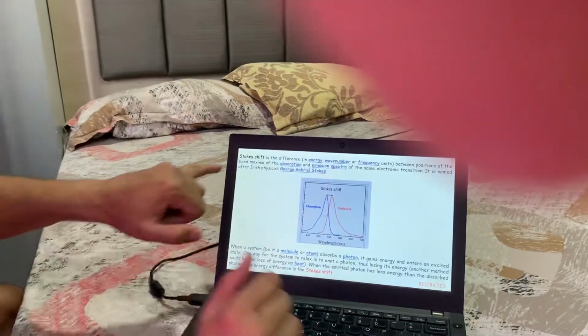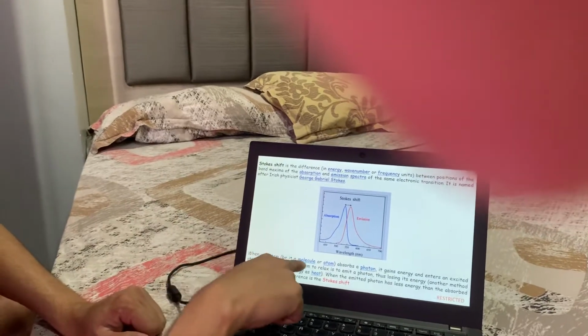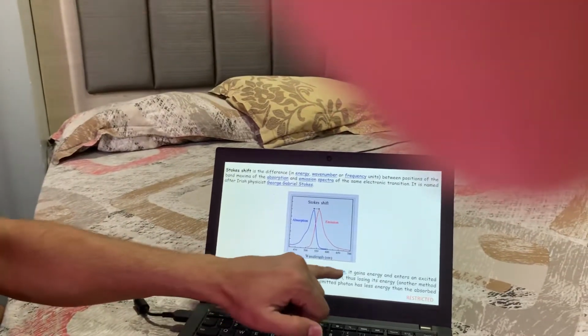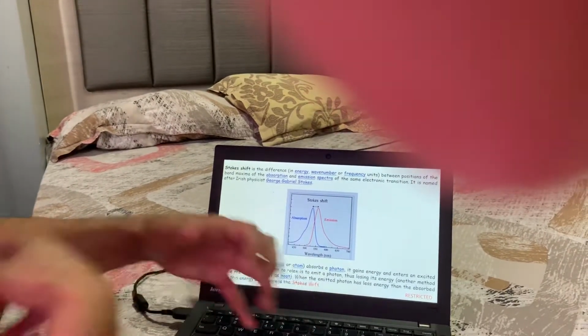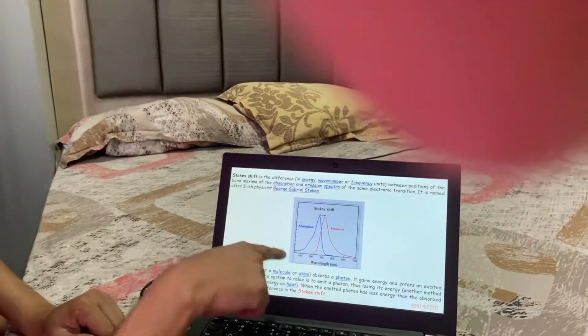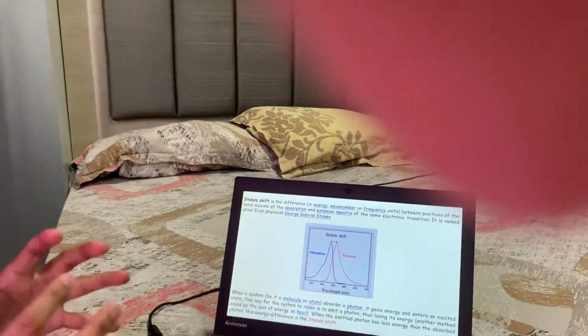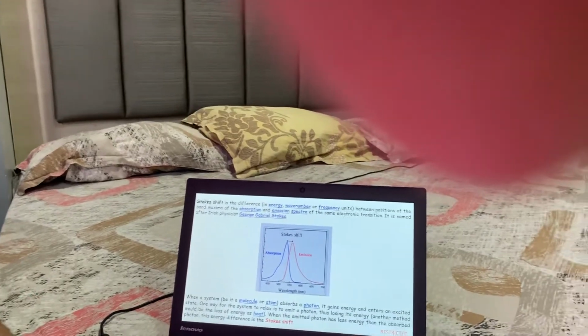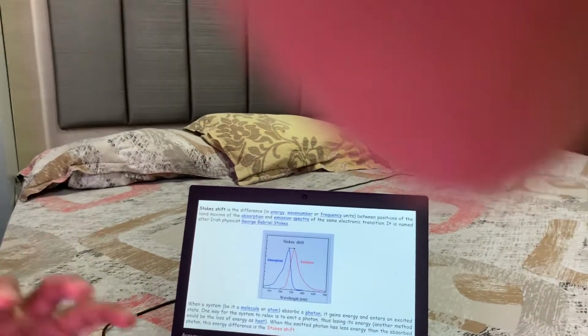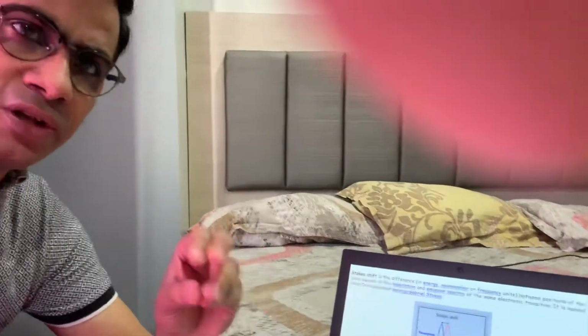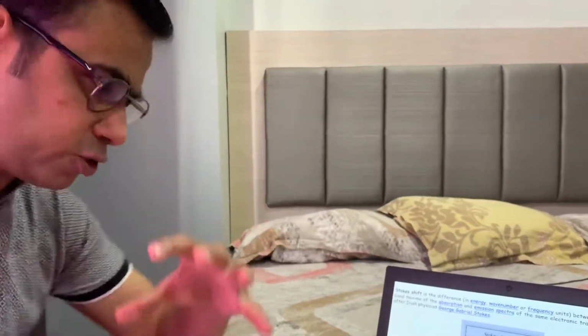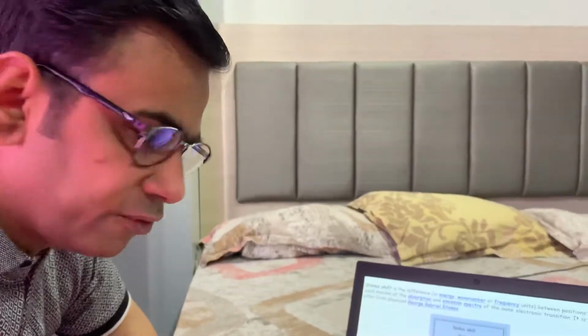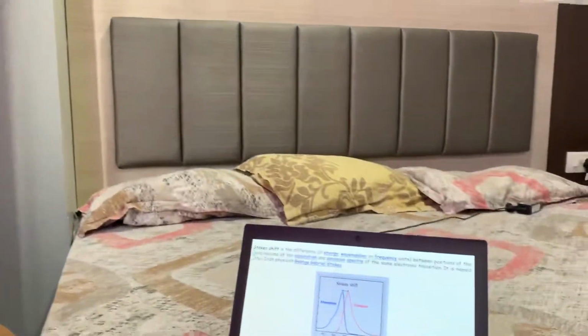So now imagine there is a molecule. If it absorbs a photon, it gains energy and enters the excited state. One way, as I told you before, because this is a transition state, for these molecules to return and get relaxed is to emit a photon, thus losing its energy.